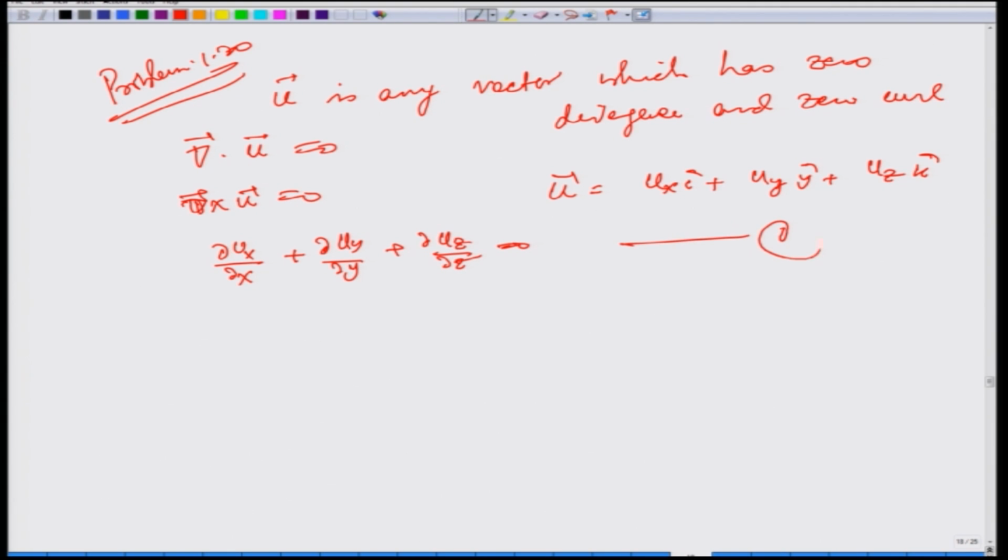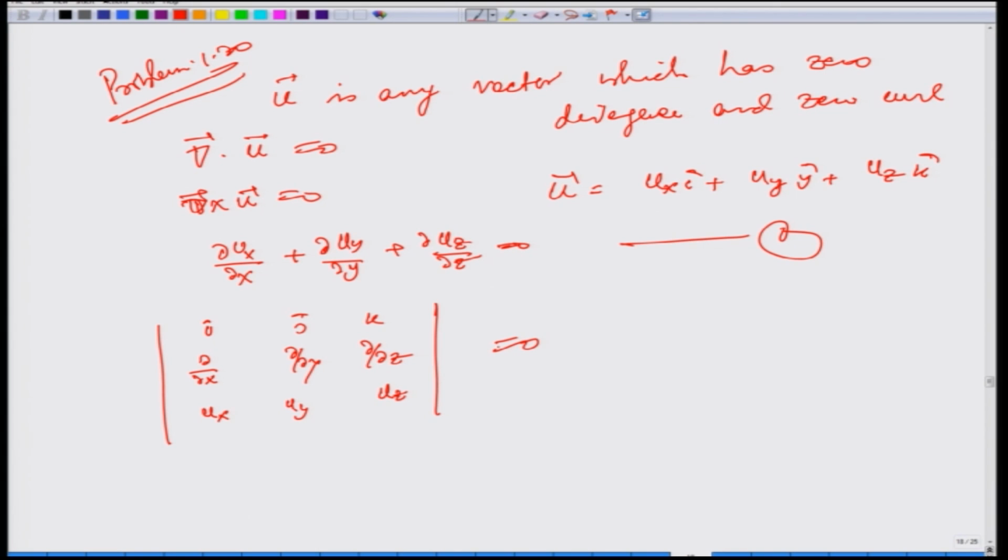First condition is this. And when I say that curl of U is 0, I will take the curl like this: del by del x, del by del y, and del by del z, Ux, Uy and Uz, equal to 0. This will also vanish.